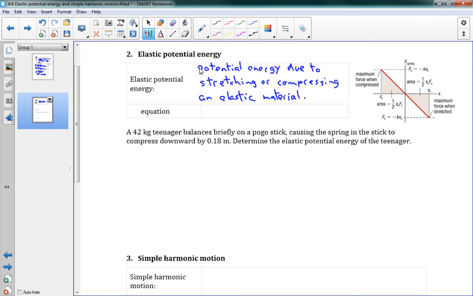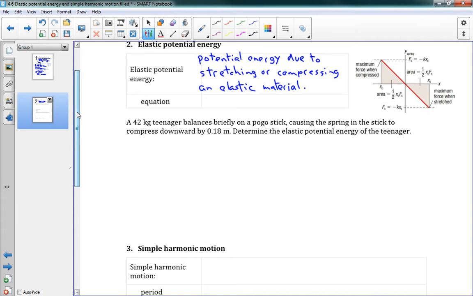So we're talking about any elastic material here. Springs are the really obvious one, but really anything. You can have actual elastics, rubber bands. You can have trampolines. You can even have a plank of wood, which is sort of elastic. It stretches. So really we can use this for a lot of things, but we're focusing on springs here because those are the easiest to understand.